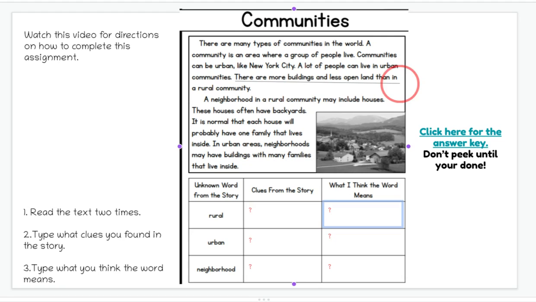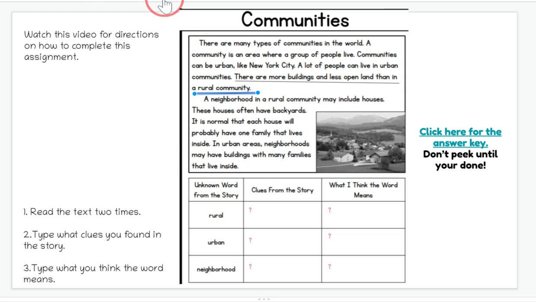So it's telling me that there are more buildings and less open land than a rural community. So urban must have a lot of buildings and less open land. Then it also tells me that a rural community includes houses, have backyards.